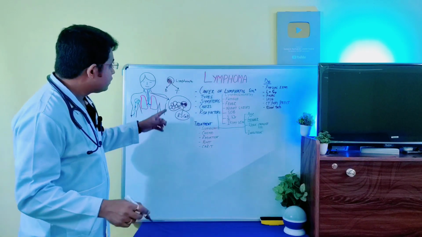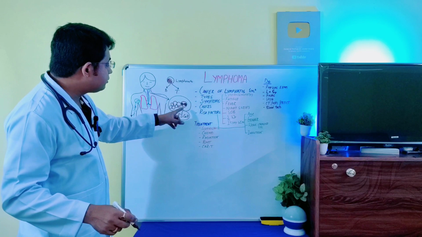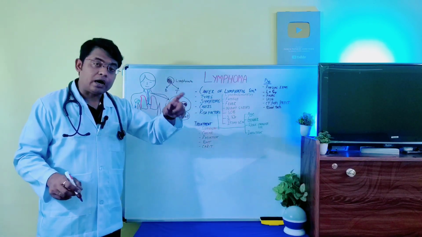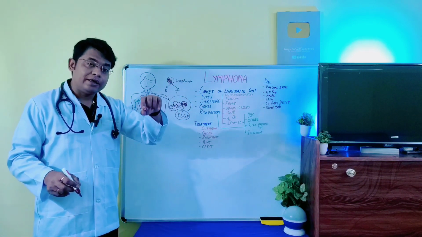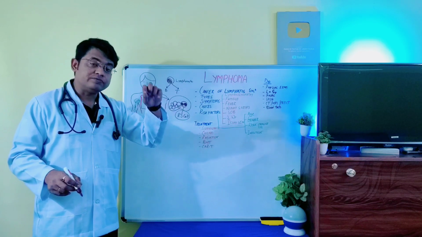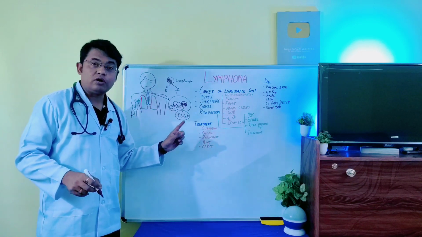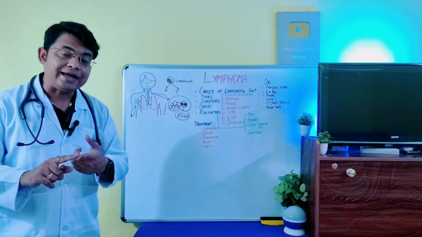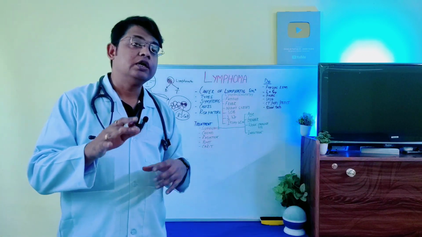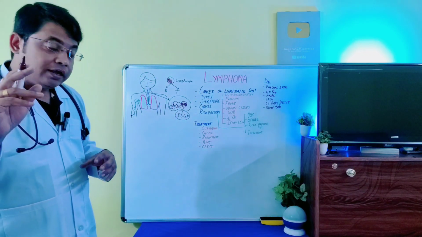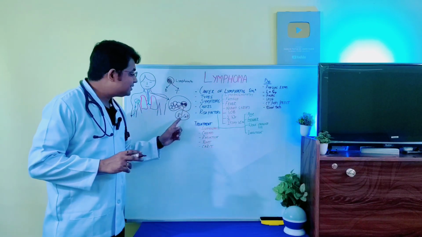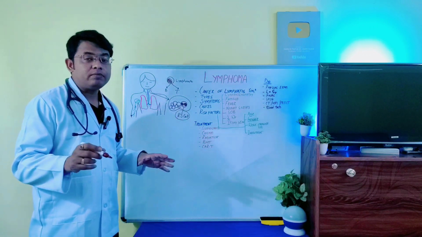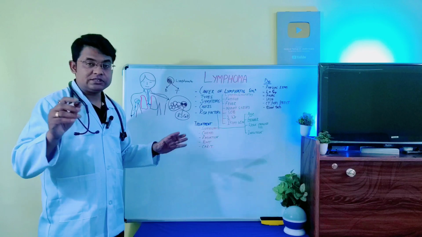Okay, so if any involved lymph node is examined under microscope, and if the pathologist finds any RS cell or Reed-Sternberg cell, then that type of lymphoma is Hodgkin's lymphoma. And if there is absence of this RS cell, then the type of lymphoma is non-Hodgkin's lymphoma.